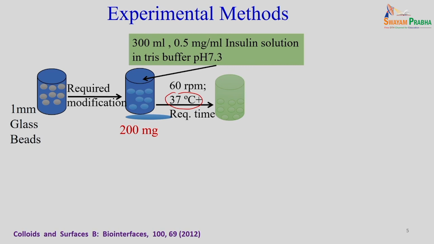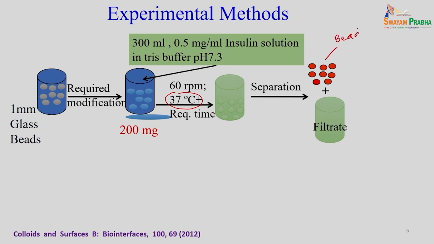So, at 60 rpm and 37 degree centigrade it was incubated for different time intervals. After a particular time we have to separate it. So, we have separated the beads and the filtrate, the remaining solution.